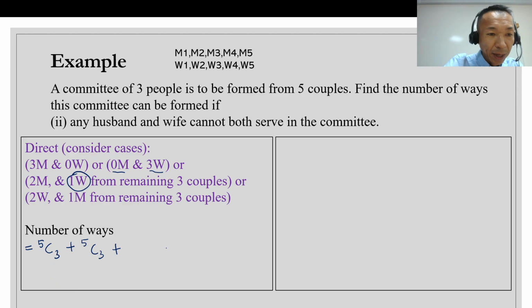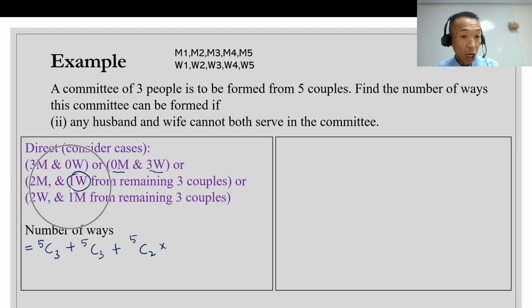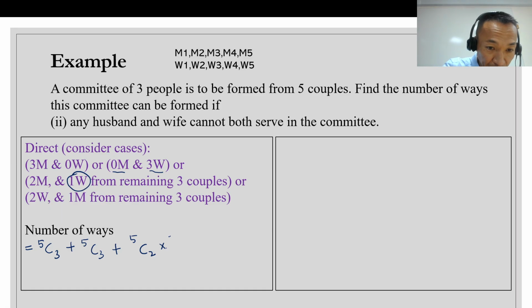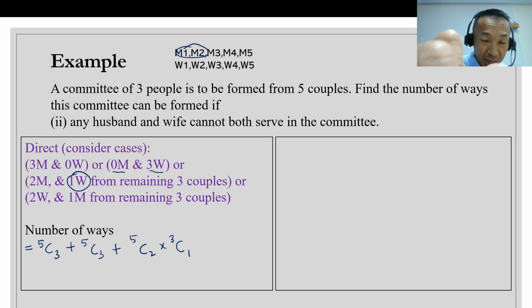Now next, if I want to pick 2 men, that means I take 5 choose 2. This case is for the 2 men. But the 1 woman here is special. This 1 woman cannot be 5 choose 1. It must definitely be 3 choose 1, because for the first one, you choose the 2 men already.